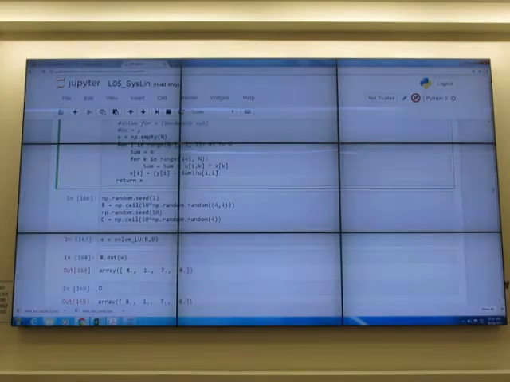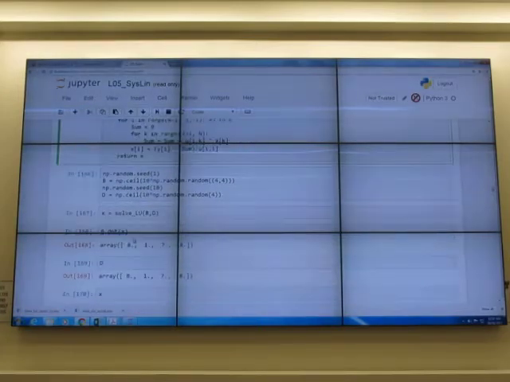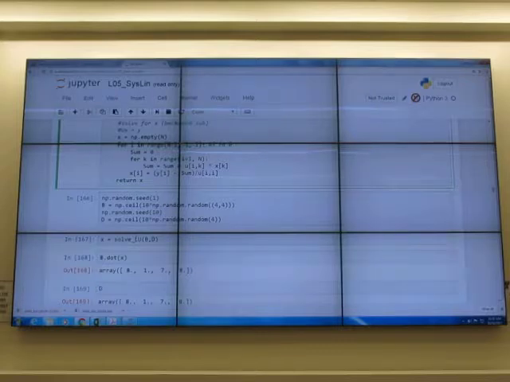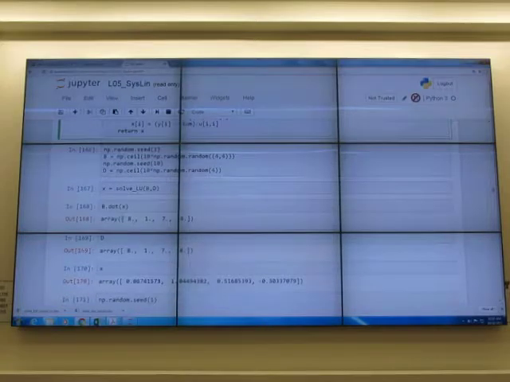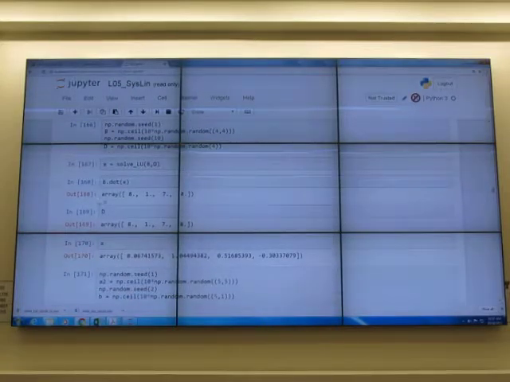So x equals solve LU BD. I try to create my own function that's similar to what you have in SciPy and NumPy, right? So when I do this, I solve it. B dot x equals that. What about matrix D? It's the same. So left hand side equals right hand side, so my answer is correct. Good.